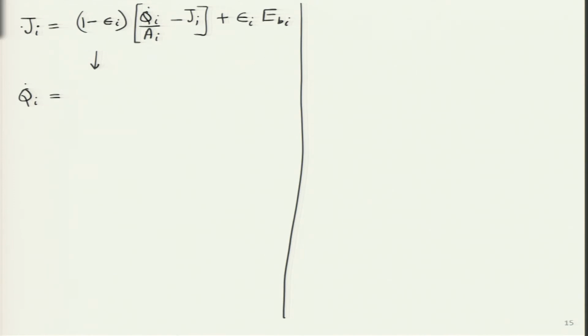It is just bringing Q dot I on the left hand side, and what we will get is a term like this, A I into J I minus J I minus epsilon I into E B I, that is the numerator, and in the denominator we will have 1 minus epsilon I.